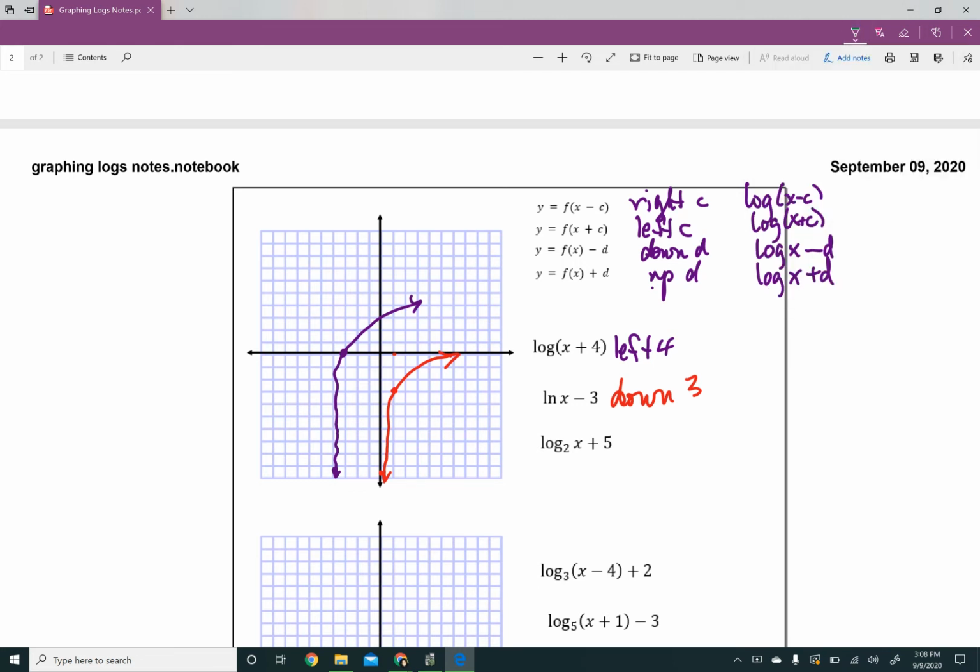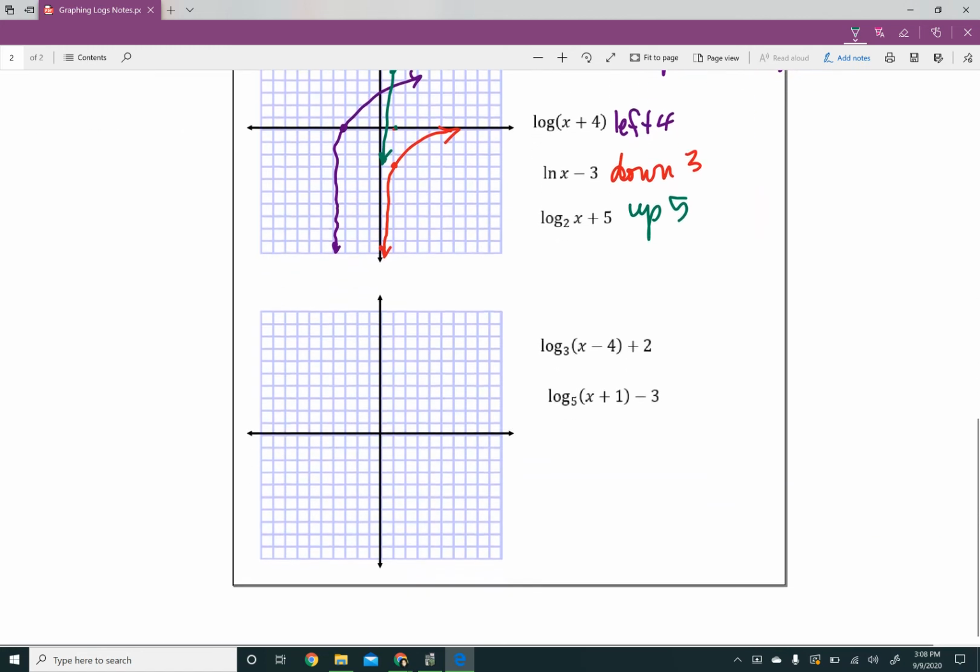And let's say this one here, this is plus 5 outside, so this would be up 5. So if this was our original graph, 1, 2, 3, 4, 5, up against the asymptote, and up 5.